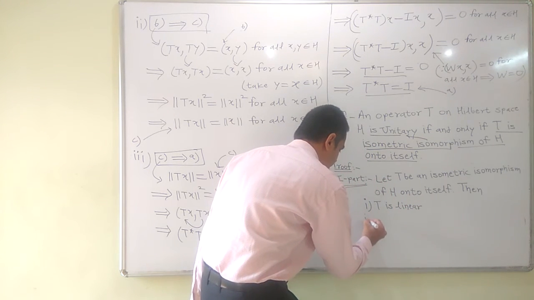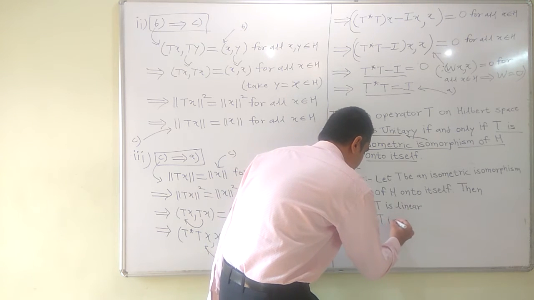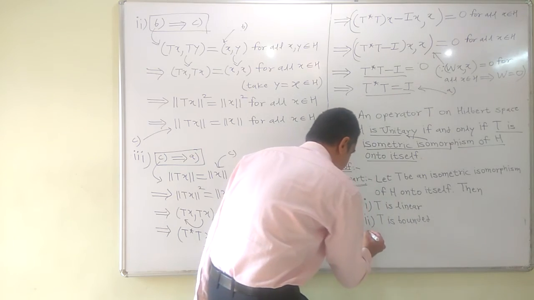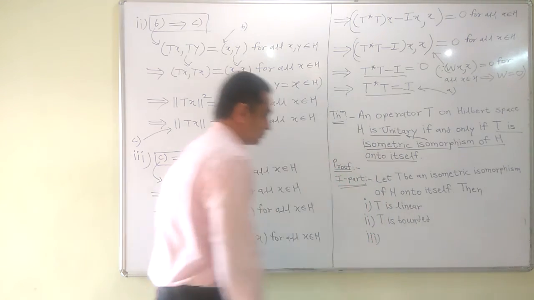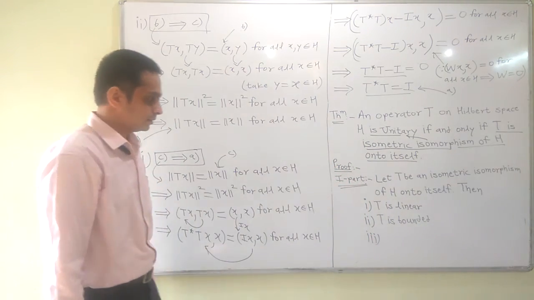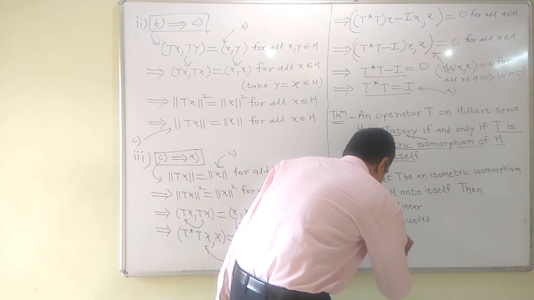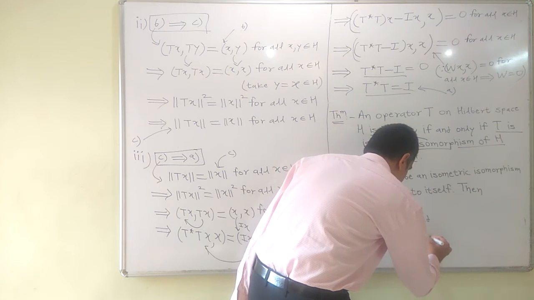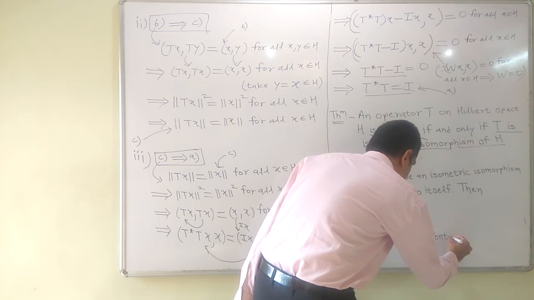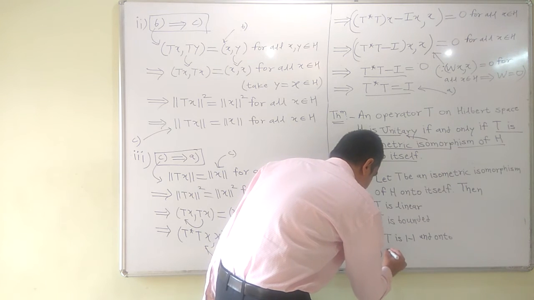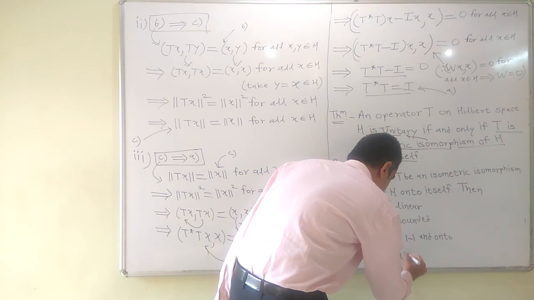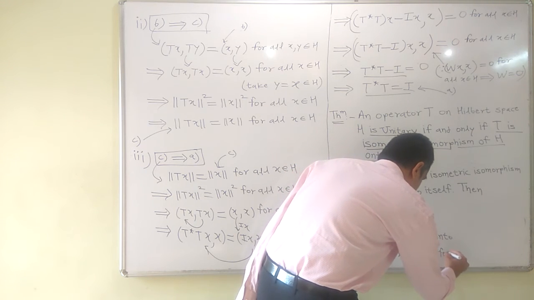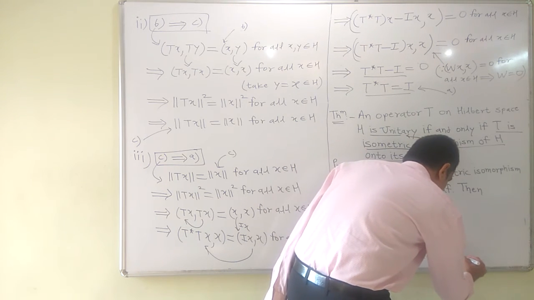Secondly, T is bounded. Third, T is 1-1 and onto. And the fourth property is that norm of Tx is equal to norm of x for all x belonging to H.